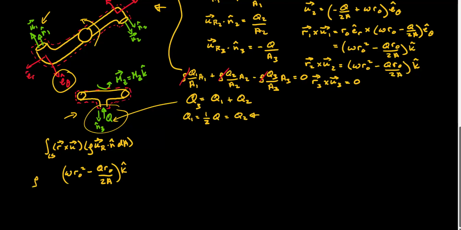And so this will look like rho Q over 2. This is for control surface 1.